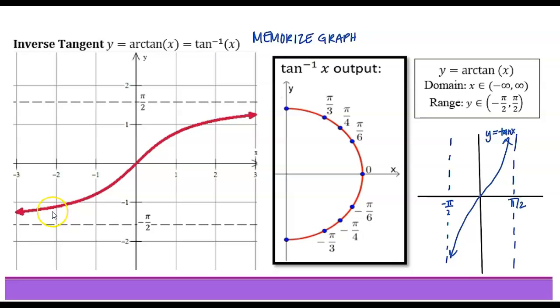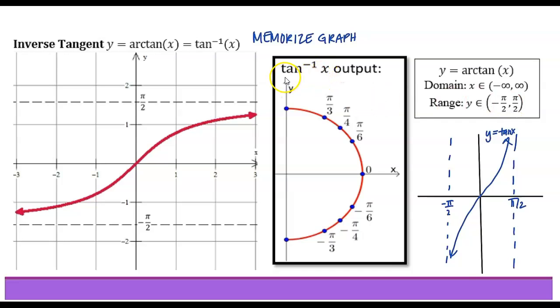So now let's look at its properties. Its domain, so if I look at this, it does continue on to the right and left forever. So its domain is all real numbers, negative infinity to infinity. But its range, its outputs, extend from negative pi over 2 to pi over 2, but not including those values. So we have open parentheses around negative pi over 2 to pi over 2.